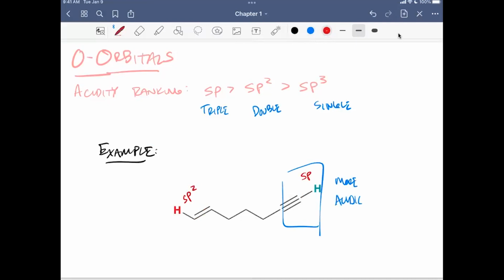And if we wanted to determine this hydrogen as well, this hydrogen is connected to this carbon, and that carbon is single bond, so this would be sp3. So that sp3 hydrogen would be less acidic than the sp. So that's ARIO.